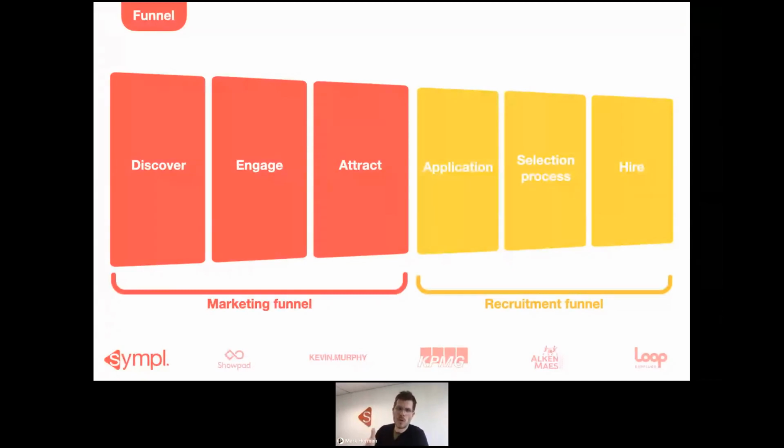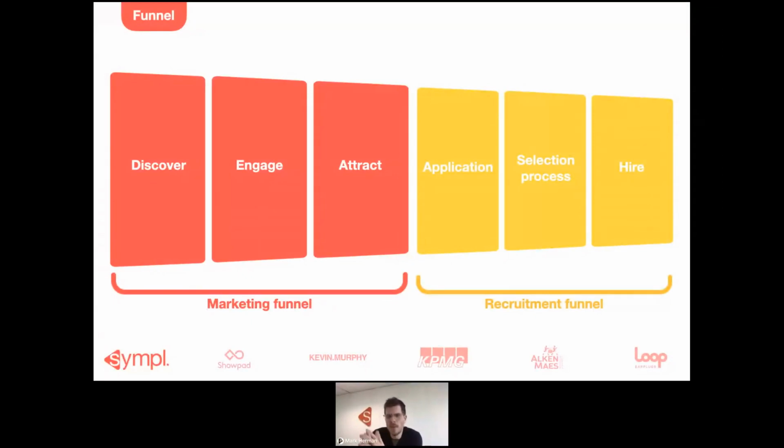So you start with 20, you enter the selection process with 15, you lose another 12, and then you might hire 3 of those people. So by definition, the recruitment process is already a funnel. And the same is actually valid for your marketing funnel leading up to the recruitment. So when you think about recruitment campaigns, think about funnels.